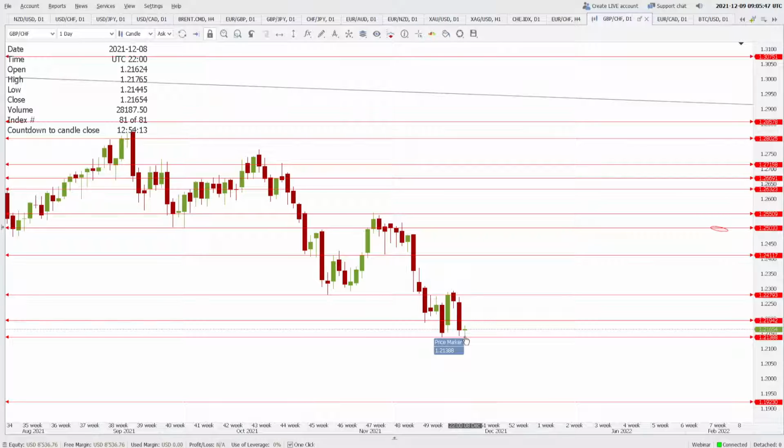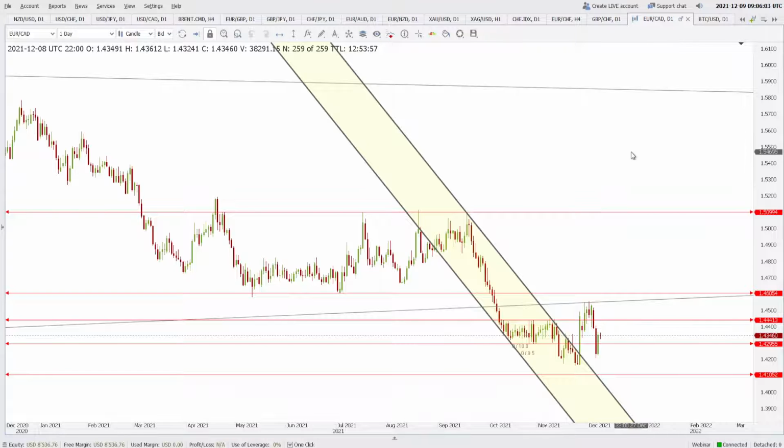If it gives a close below 1.2138, definitely 1.1923 will be exposed in this market, and 1.2138 will start acting as a resistance. But right now it is support, and 1.2194 is the resistance for the pound against the Swiss franc.